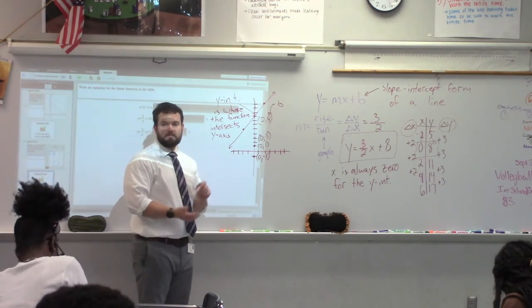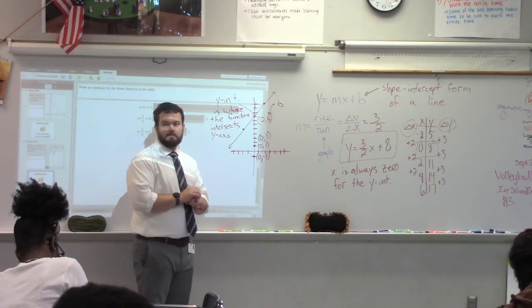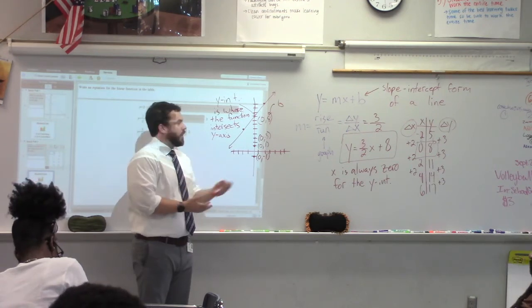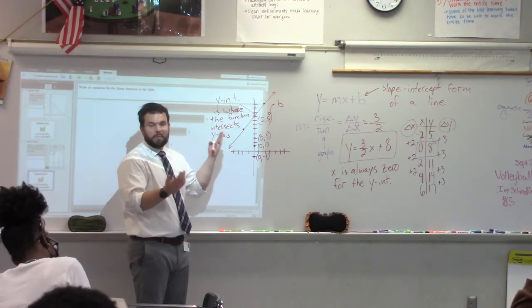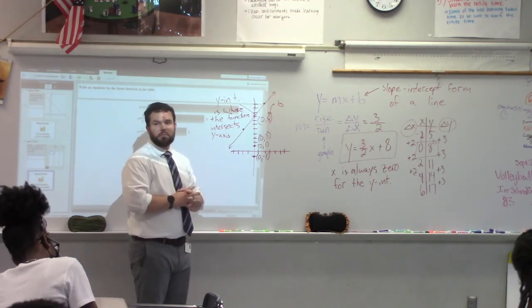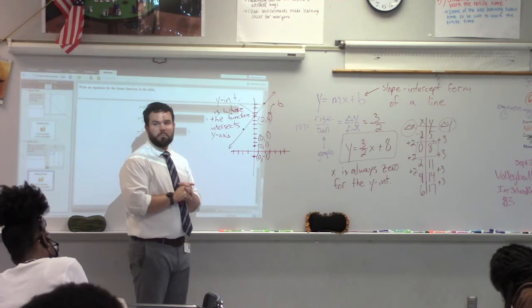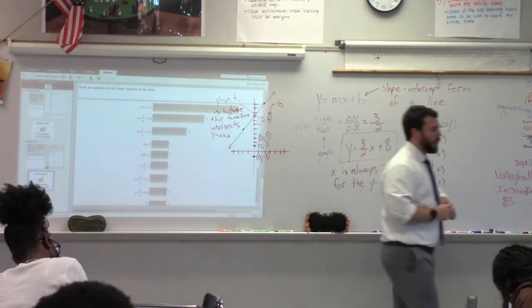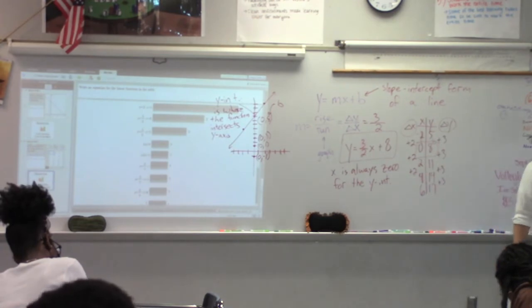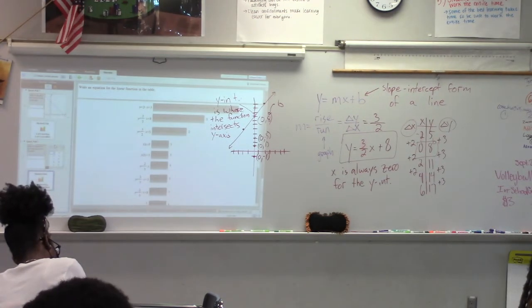Okay? It's intersecting the y-axis there, right? That's where the y-intercept is. By definition, it's where the graph intersects the y-axis. And so you need the y value of that y-intercept.